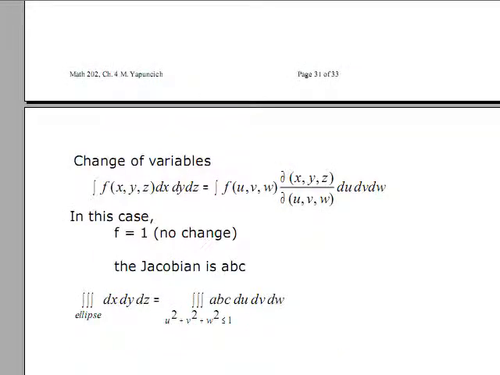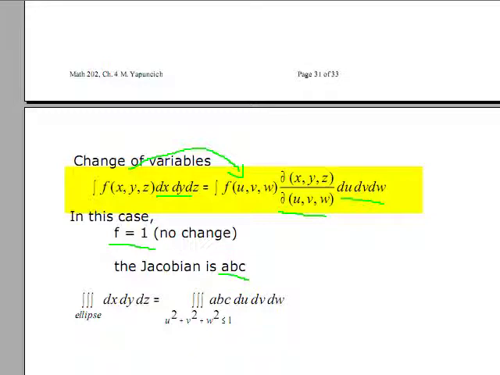So now I'm trying to calculate the volume. This is basically what I'm trying to do, so I write a little template for myself here. The function is just rewritten in terms of u, v, w. Well, the function is 1, since I'm just looking for the volume, so there's no function to change. The dx dy dz becomes the Jacobian times du dv dw, but the Jacobian was abc.